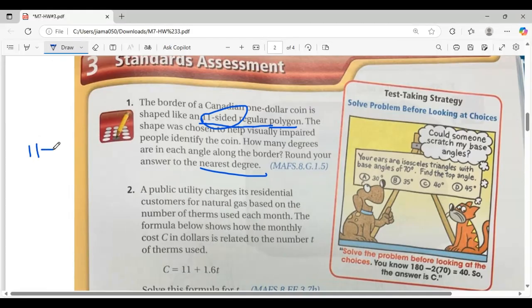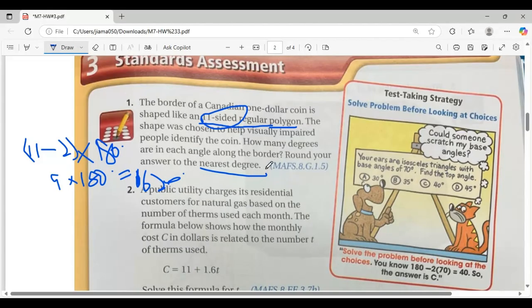11 minus 2 times 180 degrees, which is 9 times 180 degrees, which is 1620 degrees.